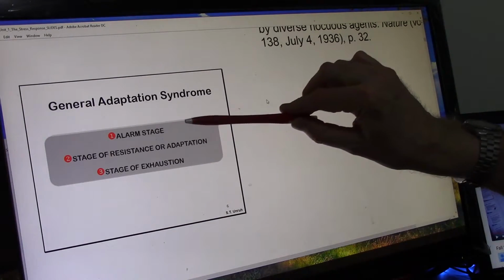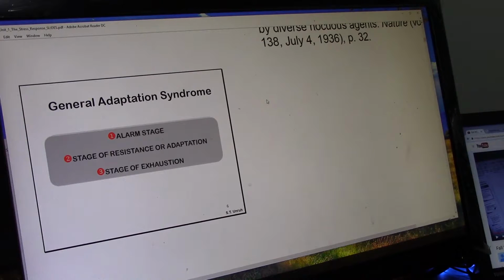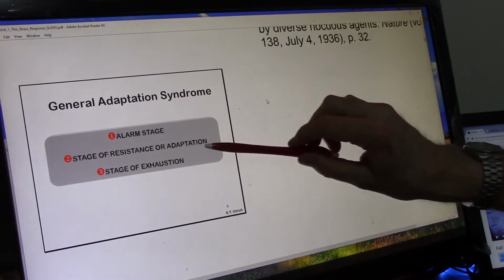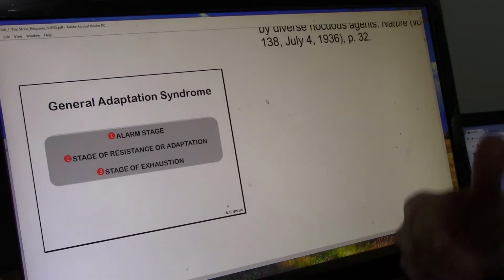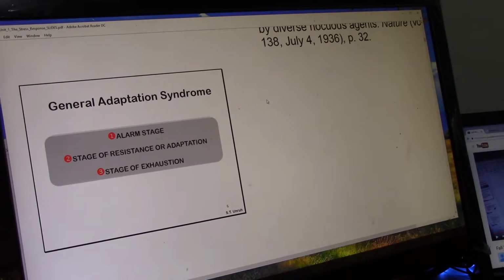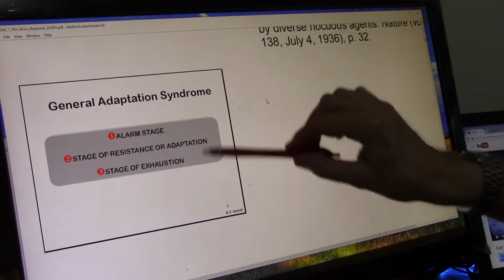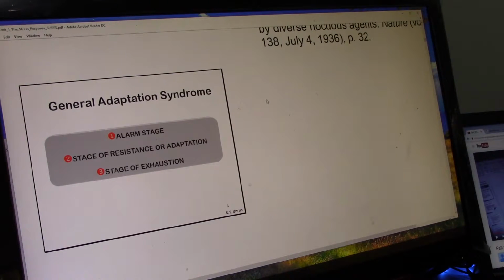One is the initial alarm, and we've all had that where we're kind of startled or surprised. The next stage is what we call resistance or adaptation. So we resist the stress. The way we would resist the bear in the woods is we would take off running. Or we either do that or we adapt to the stress, one or the other.